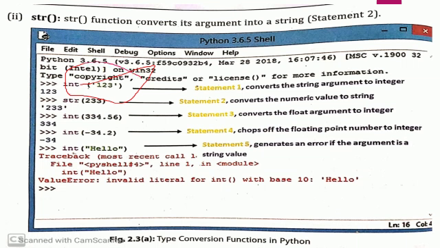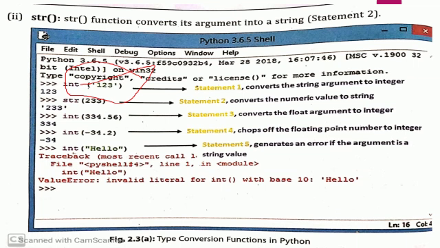It converts '123', which is single quoted here. Single quoted means what? It's a string, right? Anything enclosed in single quotes will be a string. So this string is now converted into an integer. When we press enter, you get 123, which is an integer.